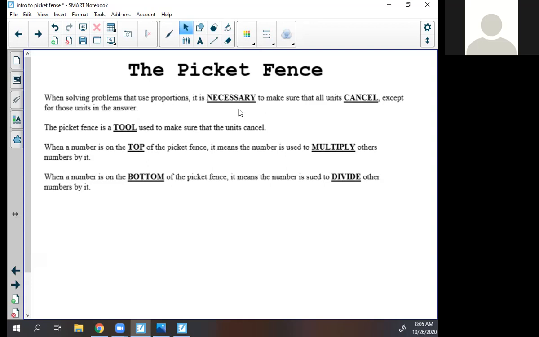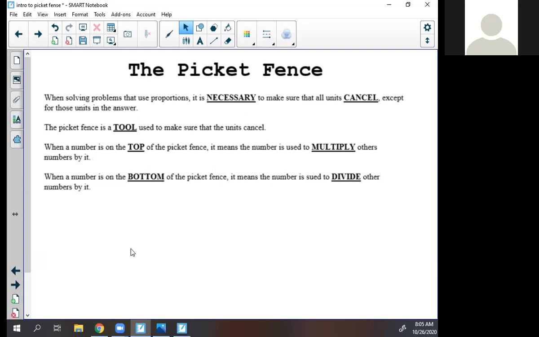So, just some words here. When solving problems that use proportions, it is necessary to make sure that all units cancel except for those in the answer. That's the power of this process. The picket fence is a tool used to make sure that the units cancel. When a number is on the top of the picket fence, it means the number is used to multiply other numbers by it.